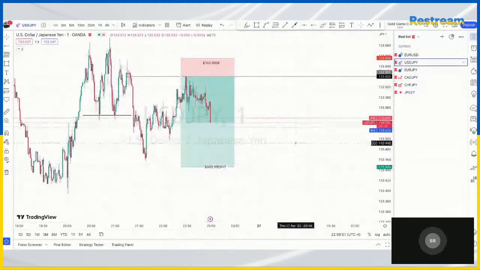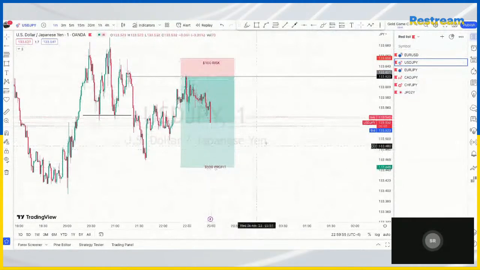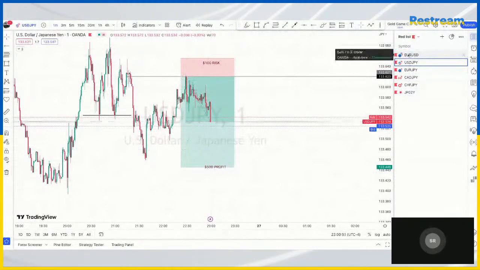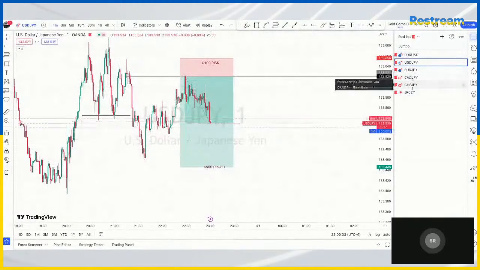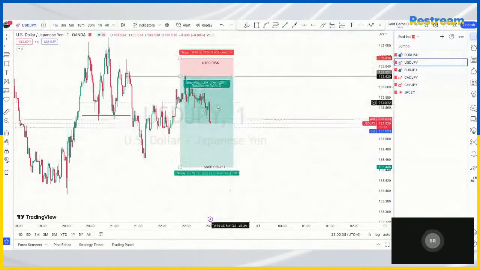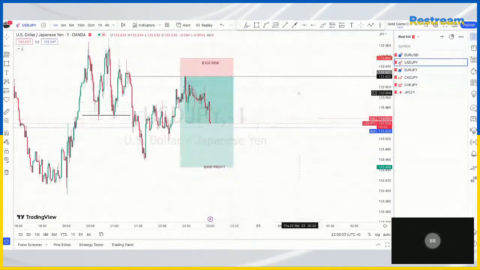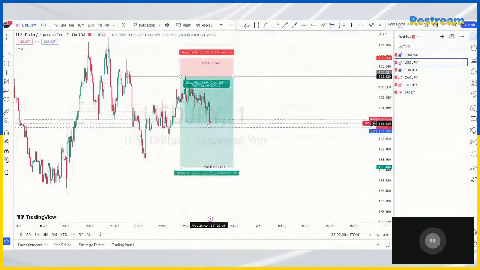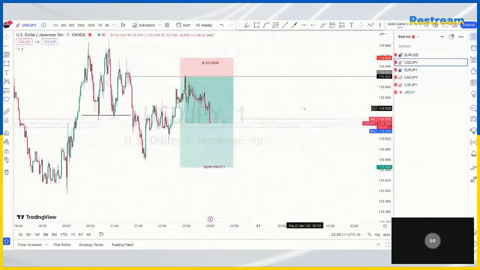Why would I do that? Why should I risk $500, right, if I'm not even in on any of those trades besides Euro USD and this one? There's no need to. If I win one single trade right away, I can close everything else. I don't have to take the other trades.